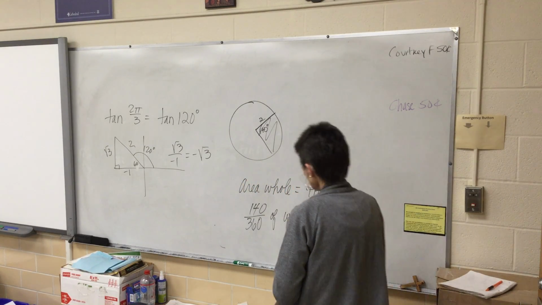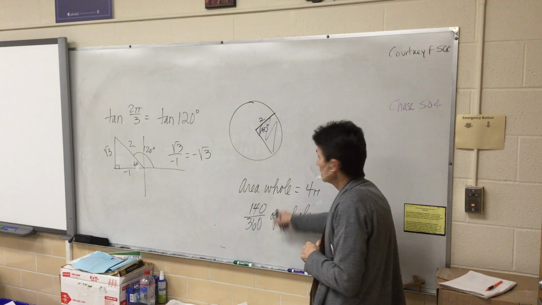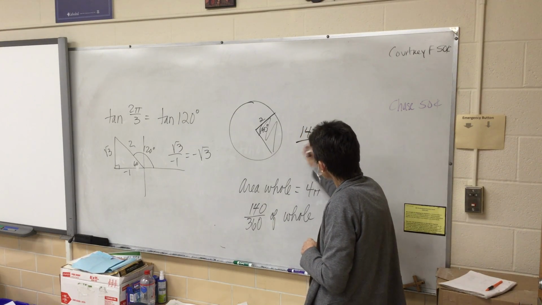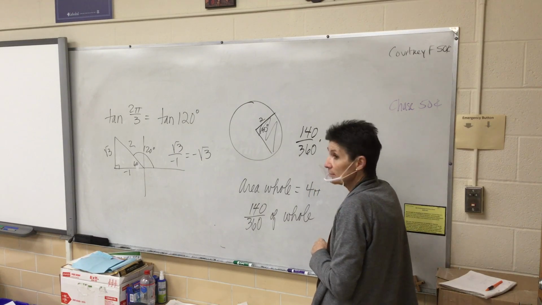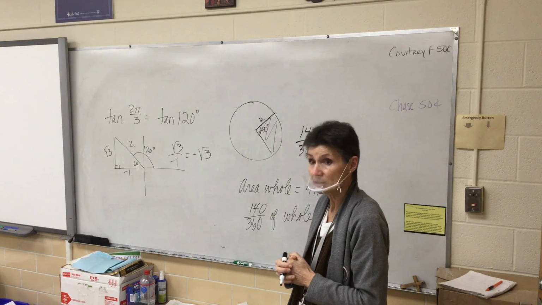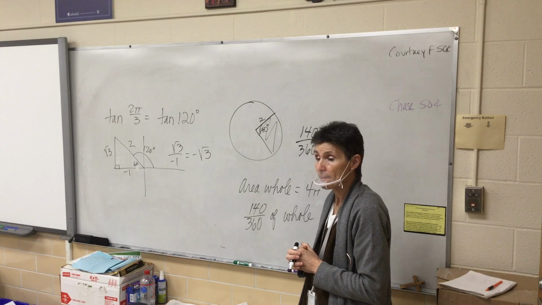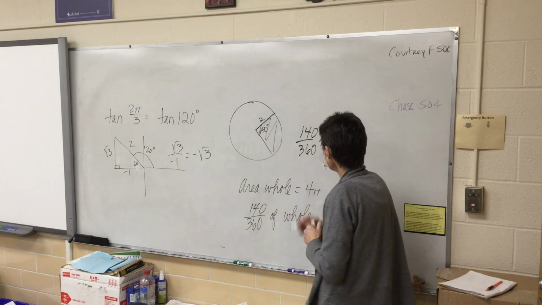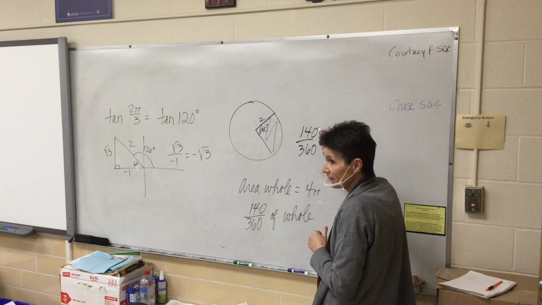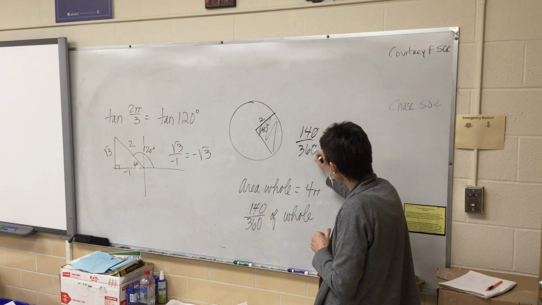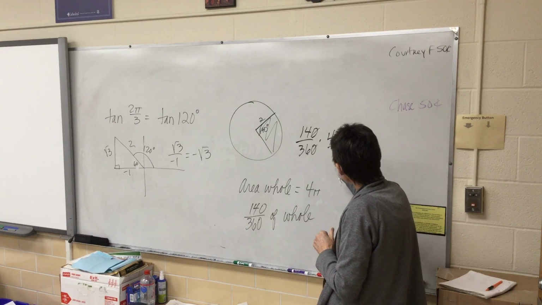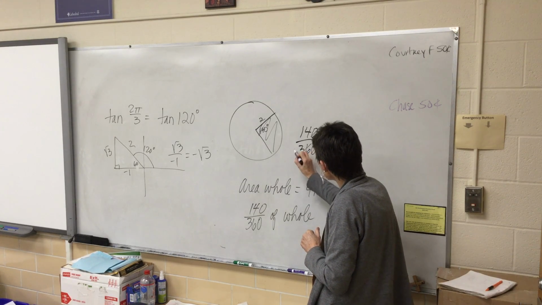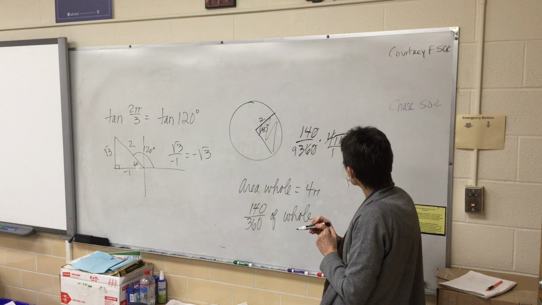Well, in mathematics, the word of means times. So we have 140 over 360 times 4 pi, because the whole area is 4 pi. So we're just going to multiply. Now, if you want to simplify first, you absolutely can. Certainly those zeros will cancel, and 4 goes into 36 9 times.